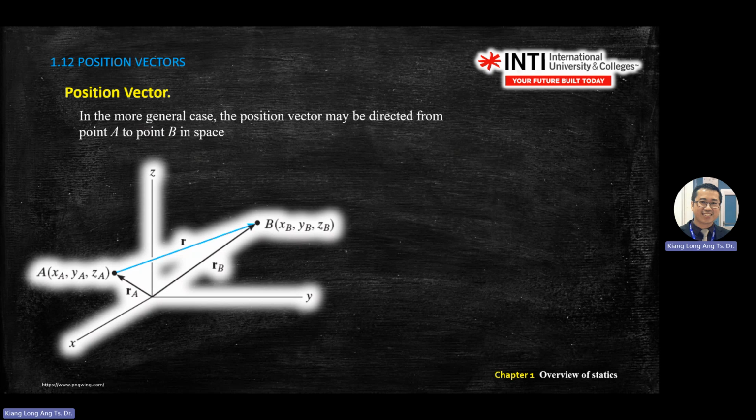You write R sub A, which is from the origin to A. It means R sub A is a position vector from the reference point to A. Do the same for B. From the origin to B, you draw an arrow, then you write R sub B.